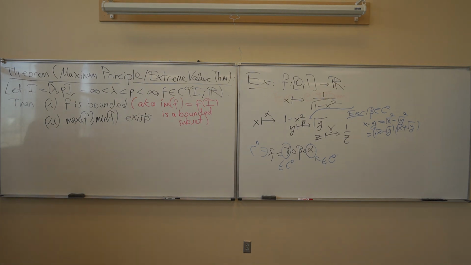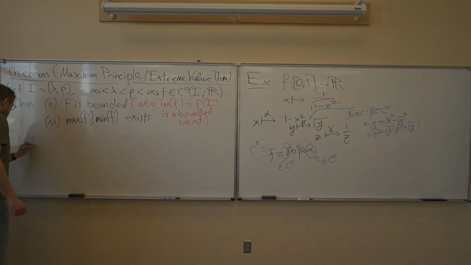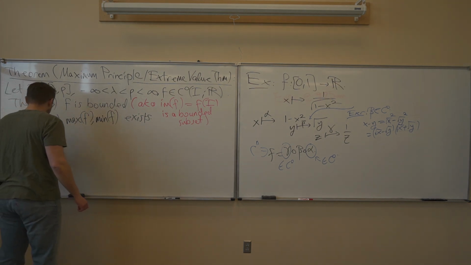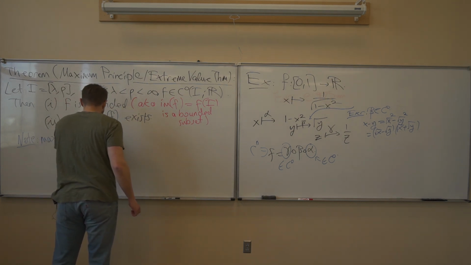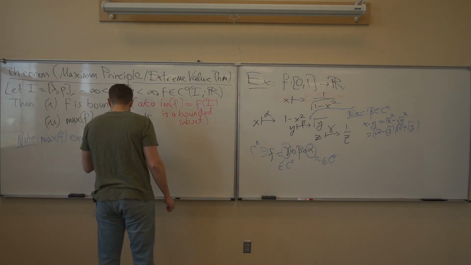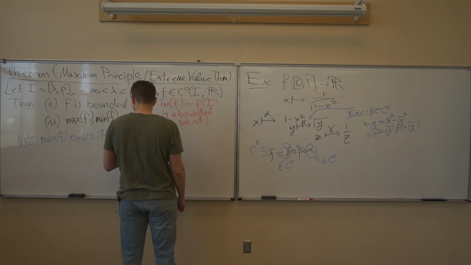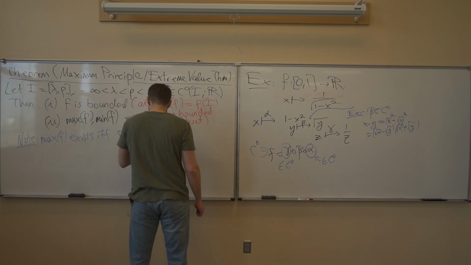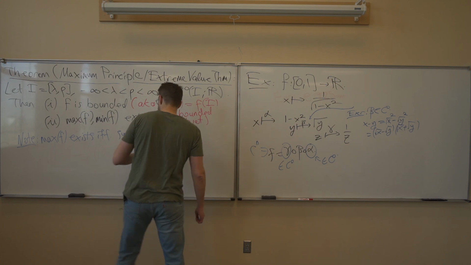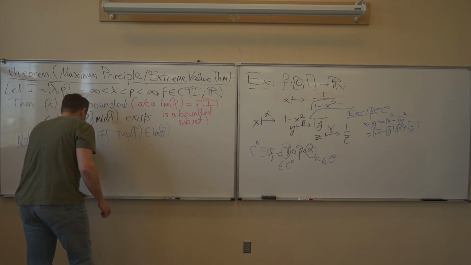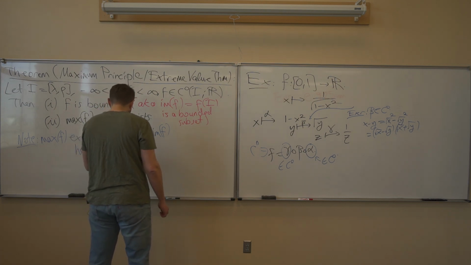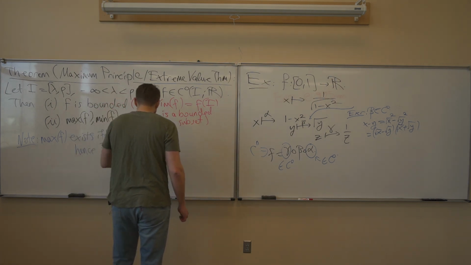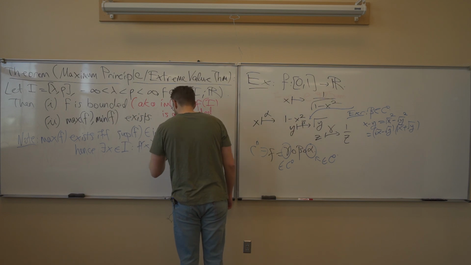So, note, the max exists if and only if the sup of f is in the image, that is to say there is some x in I such that f of x equals the sup, which is the max.